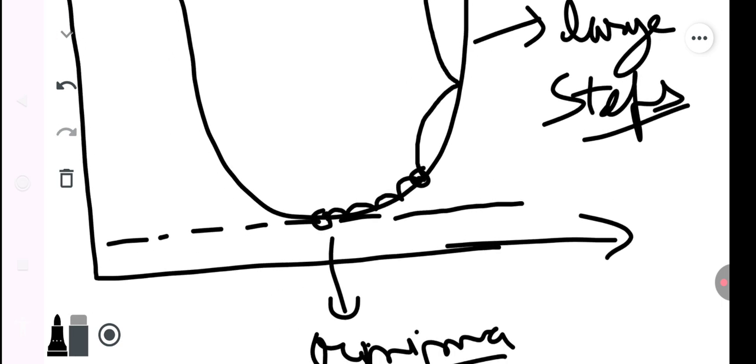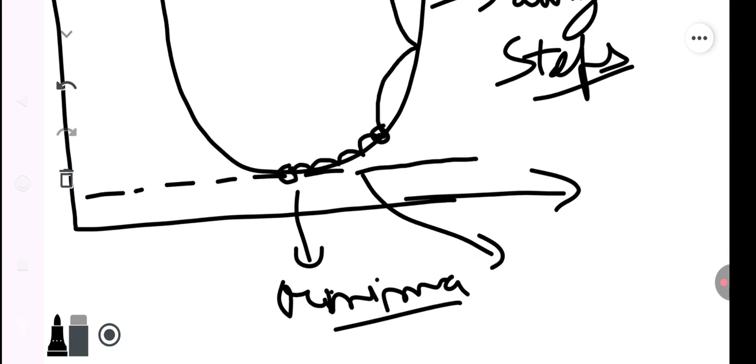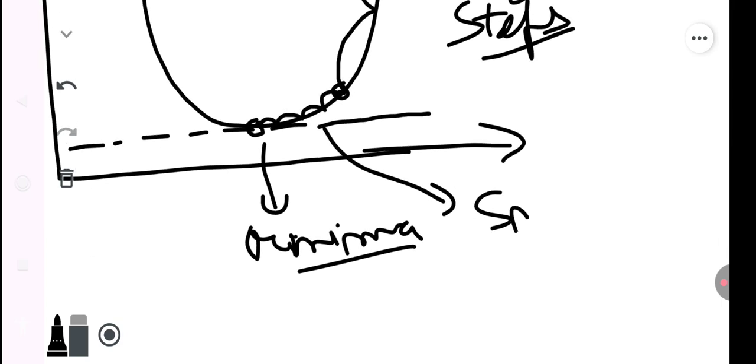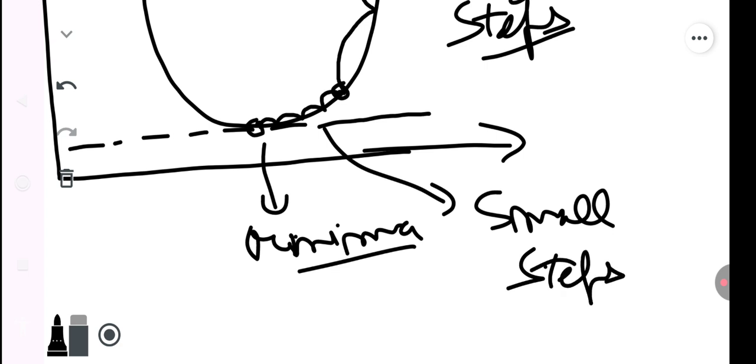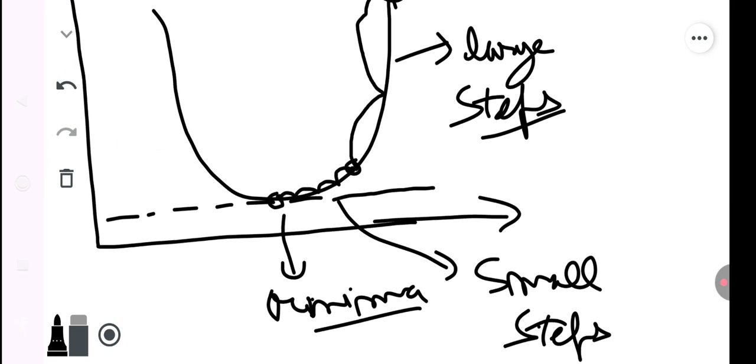And while the slope is about to flatten, at this point we are taking small steps. So what I'm trying to say is that if we take a mixture of both, then we can reach this point, the minima point. So this is kind of an optimal technique, right?